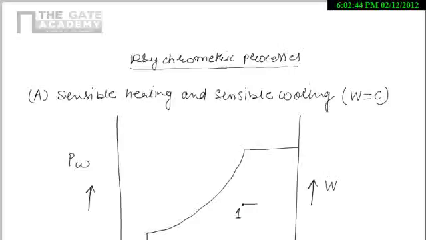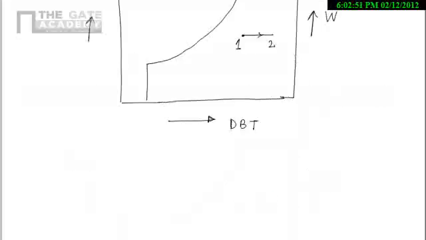So now 1 to 2, that is sensible heating, because dry bulb temperature here is increasing, and 1 to 2 dash, it is sensible cooling because temperature is decreasing.